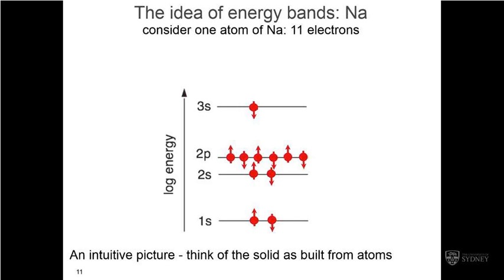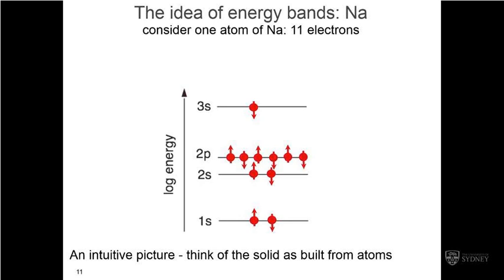Then you go further out from the core to the less bound 2s electrons, then the 2p electrons, and then the 3s, the very outermost electronic orbital of your sodium atom. This electron is actually quite loosely bound and easily bonds to other atoms because it's not very happy on the sodium, it's all by itself. In each energy level you can have 2 electrons occupied, with spin up and spin down.